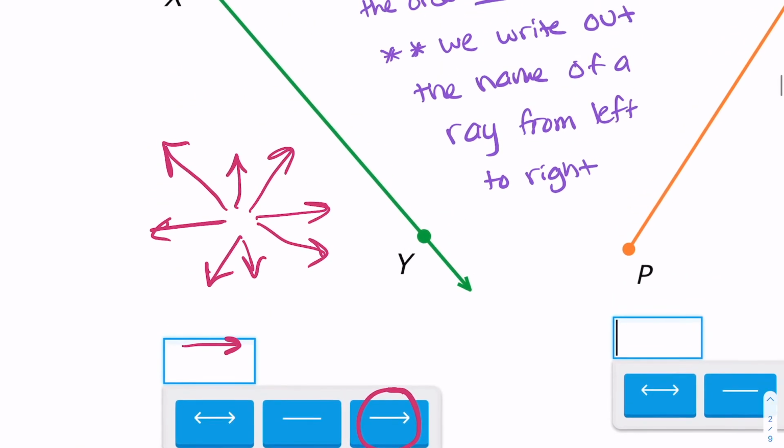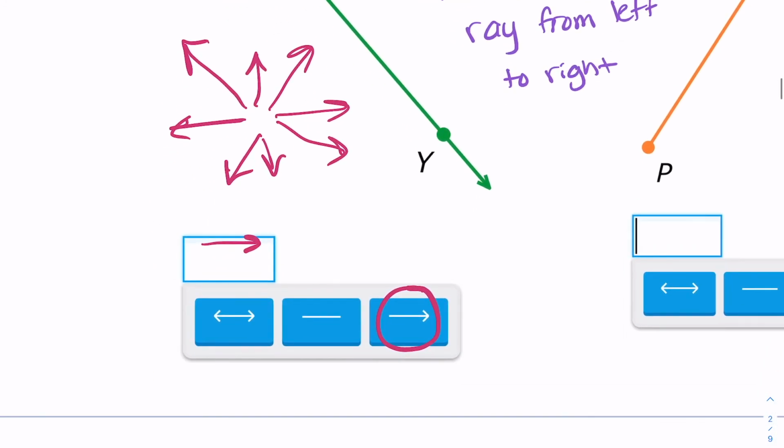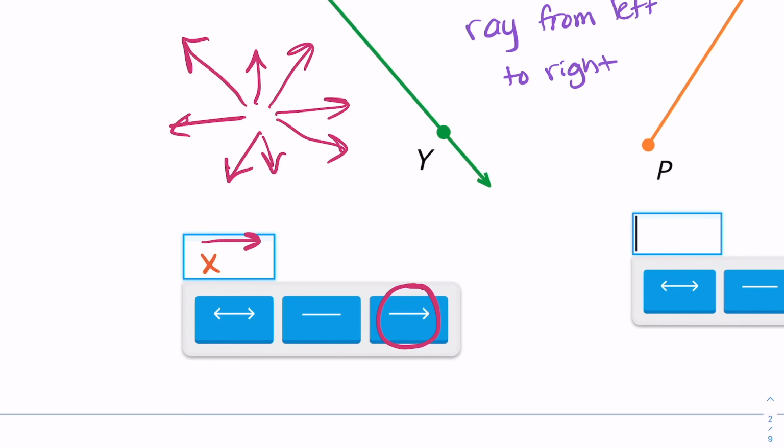So how do we write it from left to right? Well, we have to start at this location up here called the endpoint. So we always focus on the endpoint, and that is what goes in the first spot.